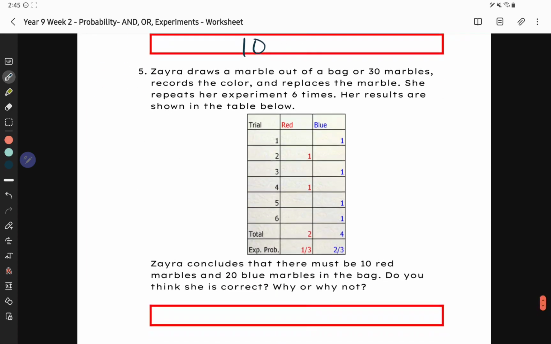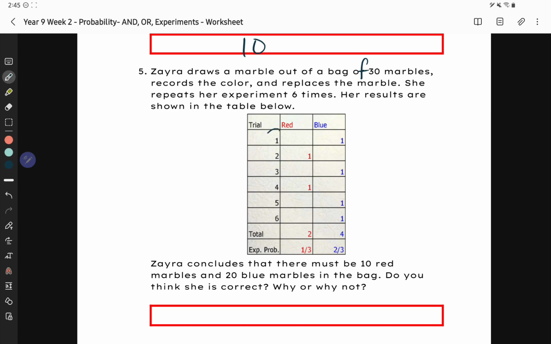Cool. Number 5. Zaira draws a marble out of a bag of 30 marbles, records the color, and replaces the marble. She repeats her experiment 6 times. Her results are shown in the table below.